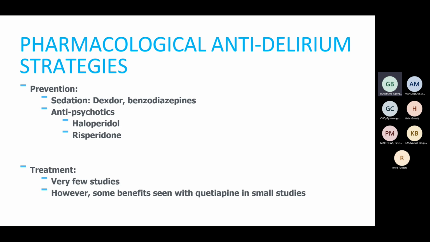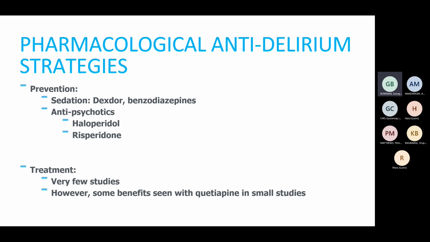So specifically, as usual, you can split it into prevention and treatment. In preventing delirium, we can use sedatives like Dexdor, benzodiazepines. Some of these have been assessed in trials. Dexdor has been shown to be better at reducing the incidence of delirium in ITU, and also reducing ventilation length, and that was in a multi-center randomized controlled trial.